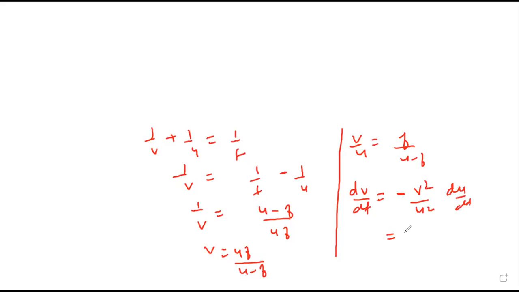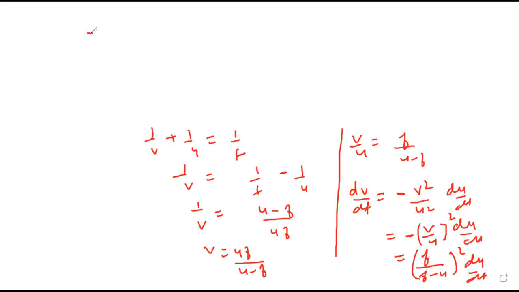This you can write as minus of v upon u the whole square into du by dt. So this is nothing but f upon f minus u, so that the minus minus will get cancelled, squared, into du by dt.